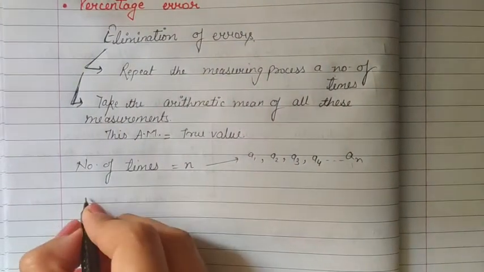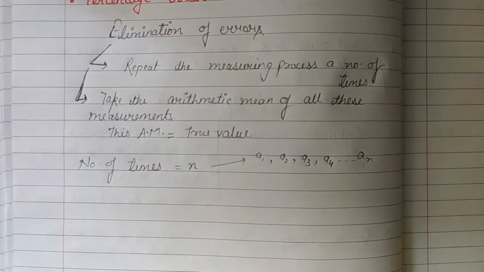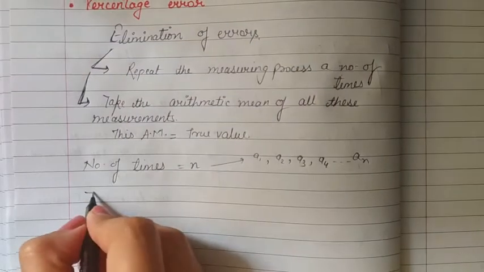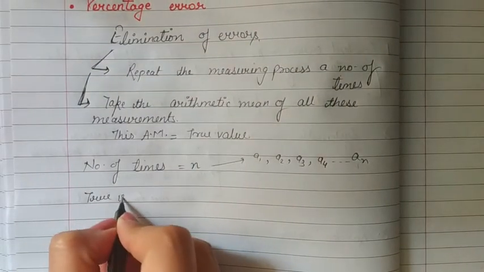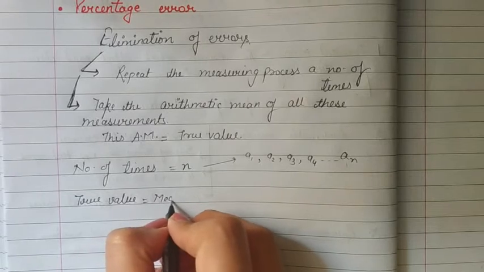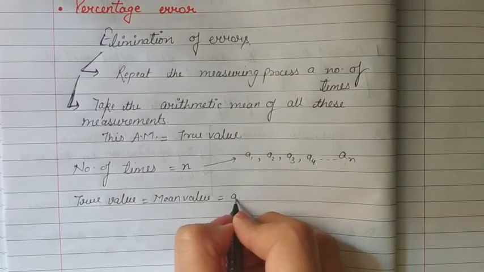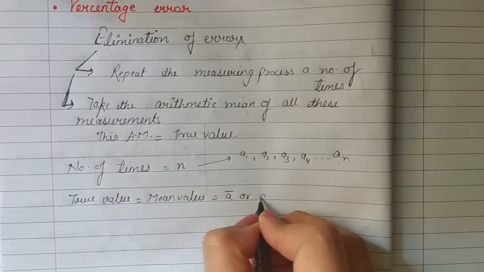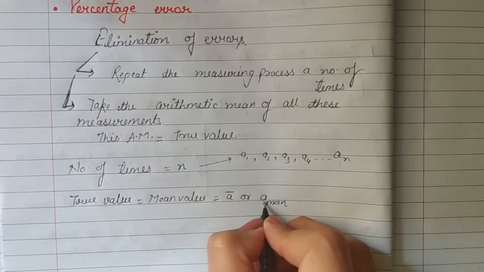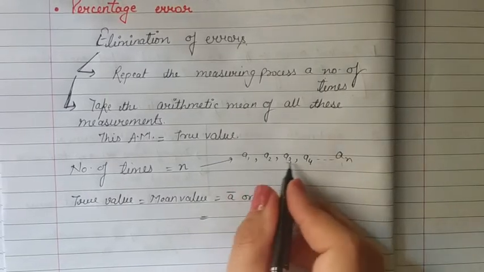So arithmetic mean निकालने का हमारे पास फार्मूला है: sum of the physical quantities divided by the number of all the physical quantities. So we can write true value is equal to mean value, or we represent it as a bar, or a mean, and is equal to arithmetic mean of all these quantities.